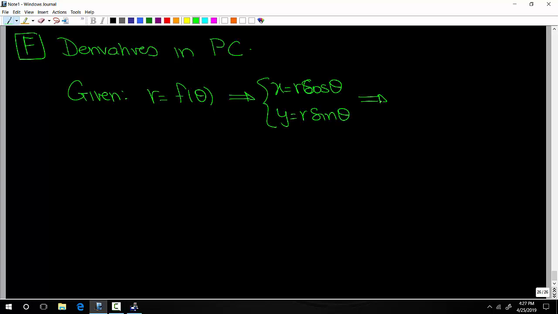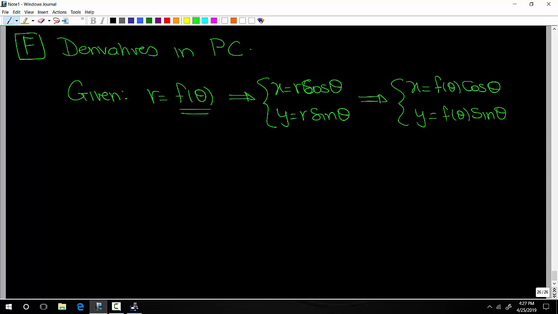So what does that tell me? x is what then? r is the same as f theta, so you get f theta cosine theta, and y becomes r sine theta, but r is f theta, so f theta sine theta.